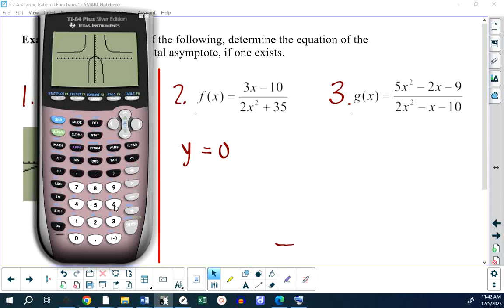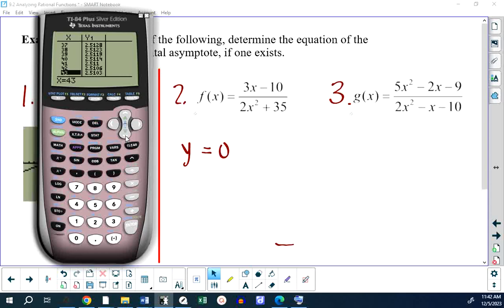If I want to find out what it is, I can go to my table. I'm going to start at 0 and go up by 1. And I'm going to take a peek in my table. And as x gets bigger, y gets smaller and smaller. I'm going to ask a question. Do you agree as I scroll to larger values of x, y is getting smaller, but it's getting smaller by a smaller amount each time?